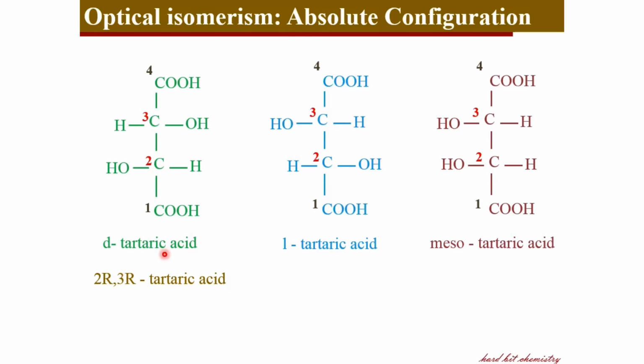That means the configuration of dextrotartaric acid is 2R, 3R, meaning that the second and third carbon, both chiral centers, possess R configuration. And in the same procedure, you will see that the levotartaric acid possesses S configuration on both its second and third carbons. And mesotartaric acid is possessing 2R3S or 2S3R configuration if you check.